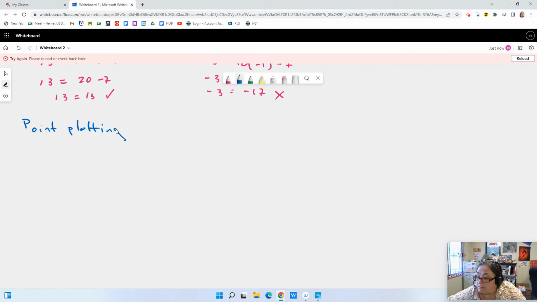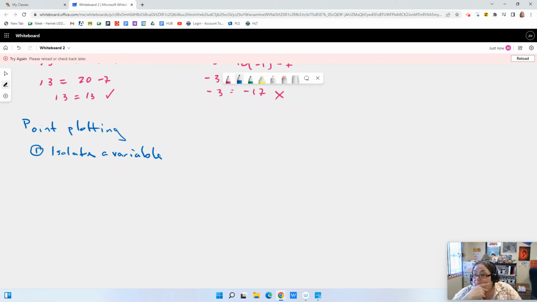Point plotting, ultimately, what you're going to do is, if you have an equation, you're going to try, if you can, to isolate a variable. Isolate one variable. Does anyone know what that means? Yeah, kind of. It's lonely, right? If I have an equation, I have something set equal to something.